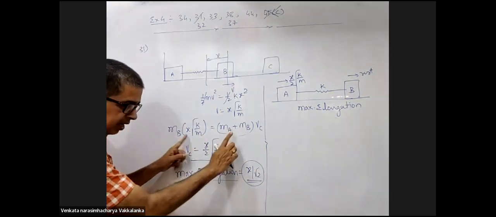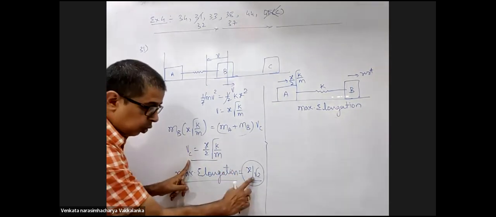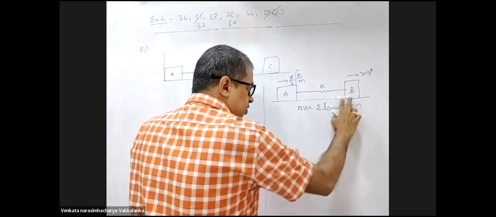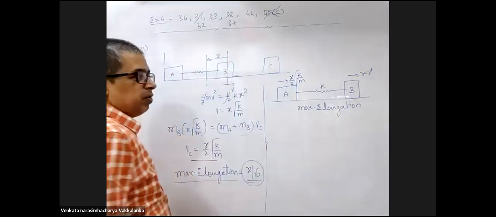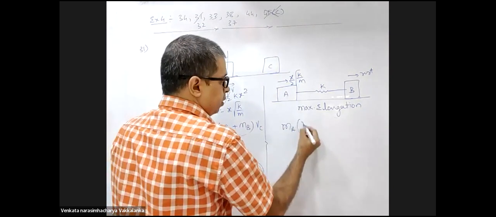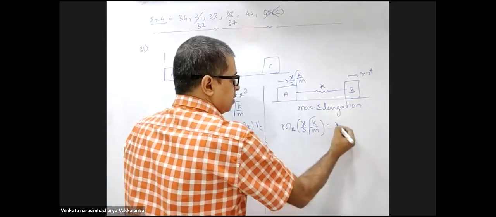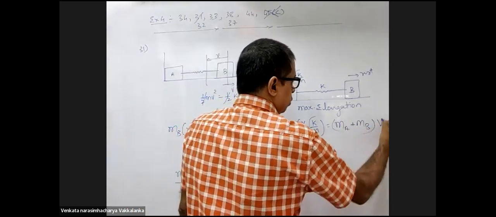From this equation, can you write the conservation of energy? Yes, sir. So you will get x maximum. This is the elongation in the system when B came to rest and A is moving with this velocity. That means momentum: ma into x by root 2 times root of k by m is equal to (ma plus mb) into v common.